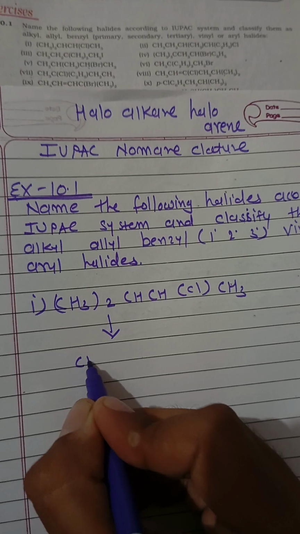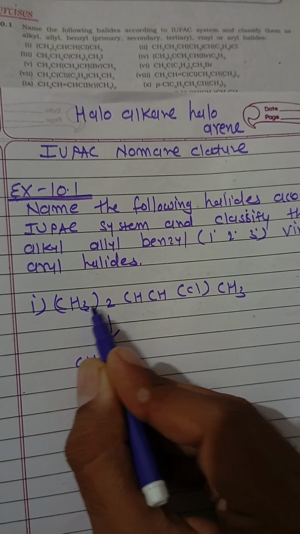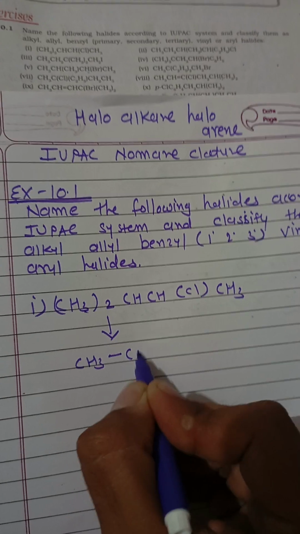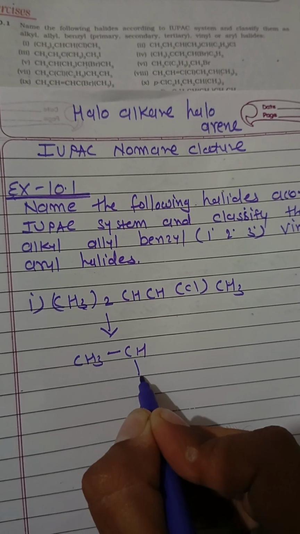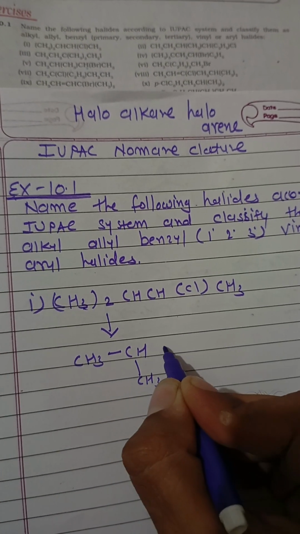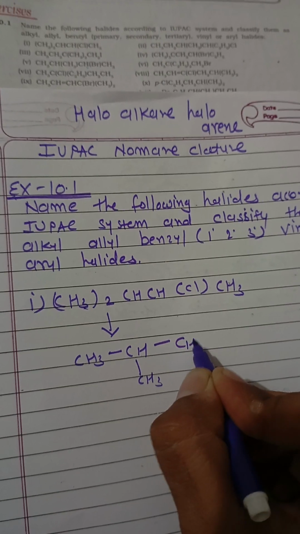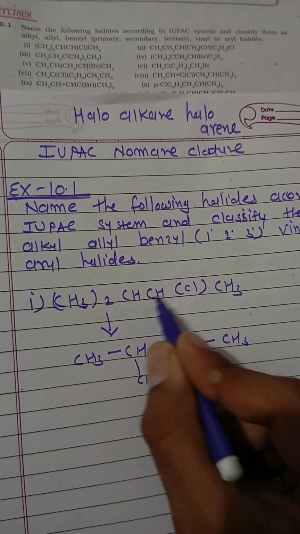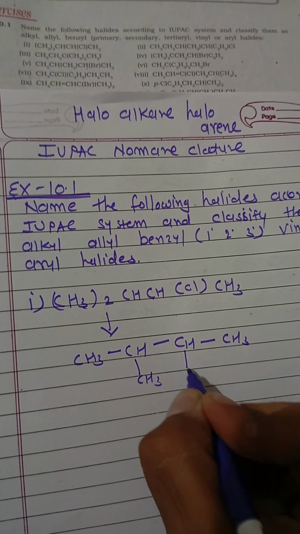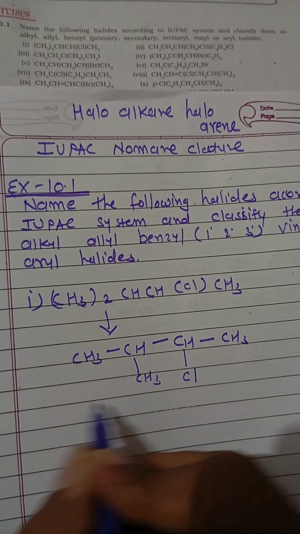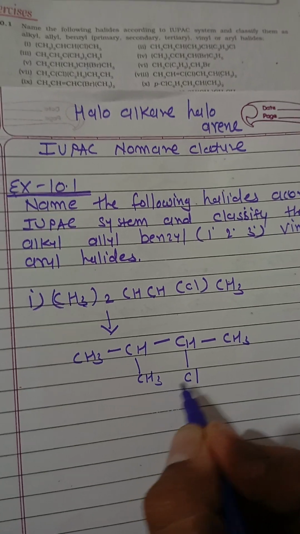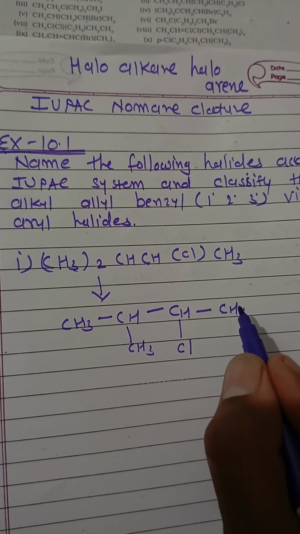CH3 two times is attached on this CH. So I draw CH, and then CH3, then CH, then Cl. This CH also has Cl. So this is the normal structure of the given structure. First we simplify it and then we apply the numbering.